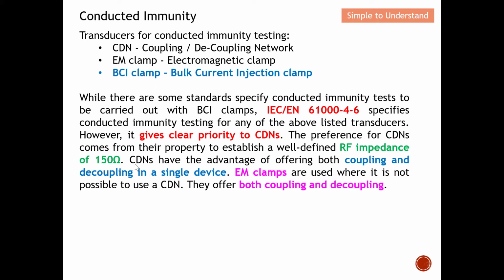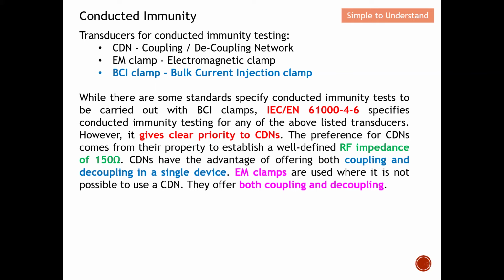Another reason is that CDN has this biggest advantage compared to the BCI clamp: it can offer coupling and decoupling in a single device. You are probably confused about what coupling and decoupling are. In this video, I'm going to explain what coupling is and what decoupling is, or maybe I should say I will discuss the difference between them. The EM clamp will be the next preferred method.